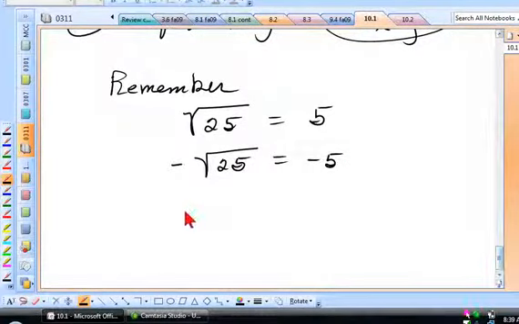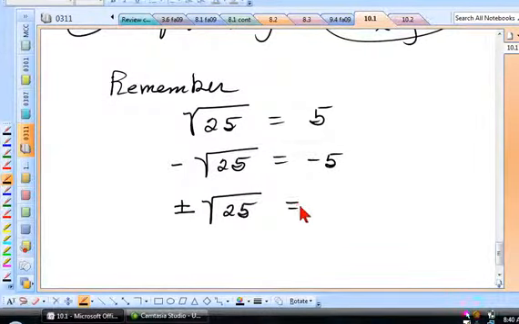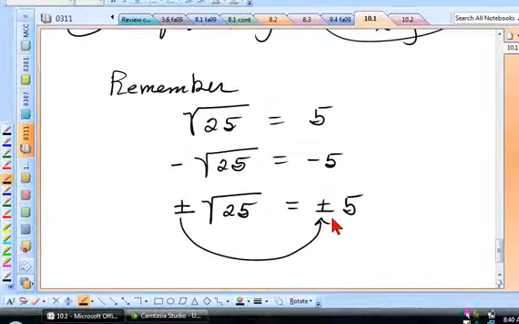If I want both, because 5 squared gives me 25 and negative 5 squared gives me 25, I can use a joint symbol. It's called a plus or minus symbol. If I put that out in front of a square root, then I want both answers, plus or minus 5. MathLab does not have that symbol, but you will find it in algebra.